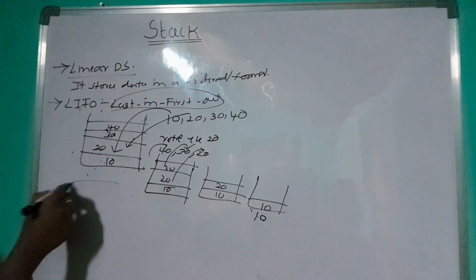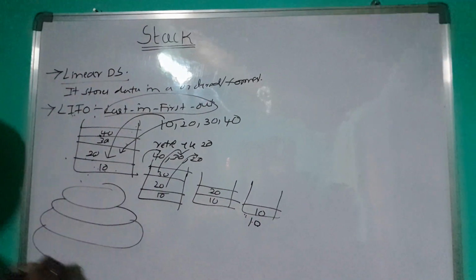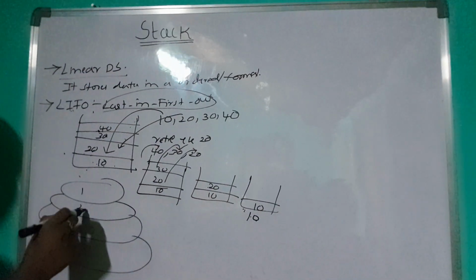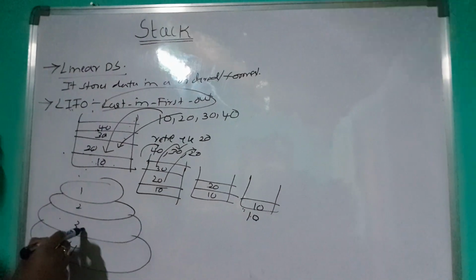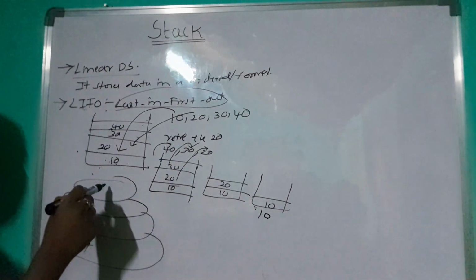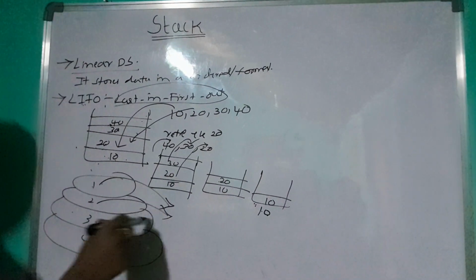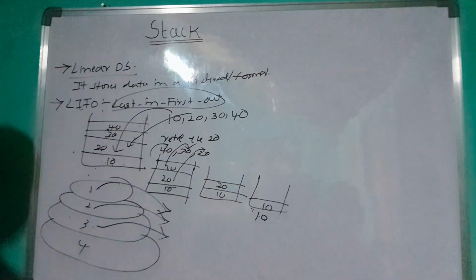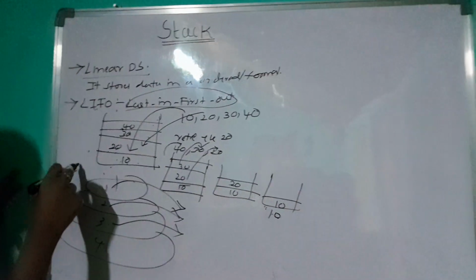For example, we have a stack of plates arranged in this manner: plate 1, plate 2, plate 3, plate 4. If we want to retrieve plate 3, we have to remove plate 4 first, then we can retrieve plate 3, because it follows the last in, first out structure.